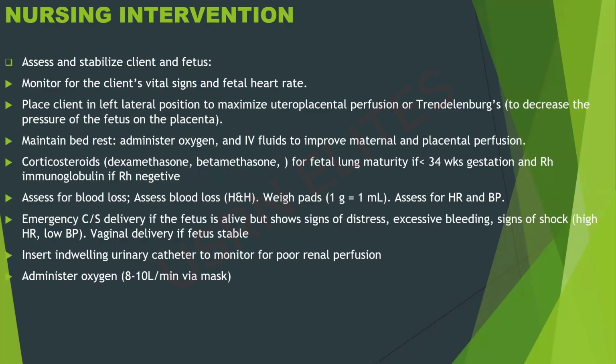At this point in time, even if the baby is not viable, the life of the mother matters. That's why you see they mostly go for CS, because the mother is at risk of going into shock from the bleeding. So we have to know the state of the mother as well as the fetus.